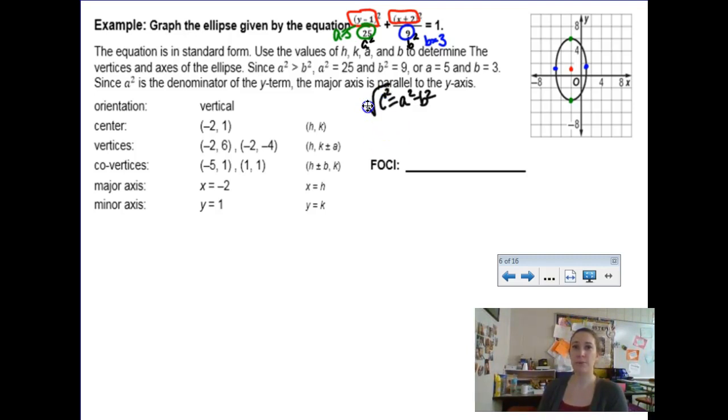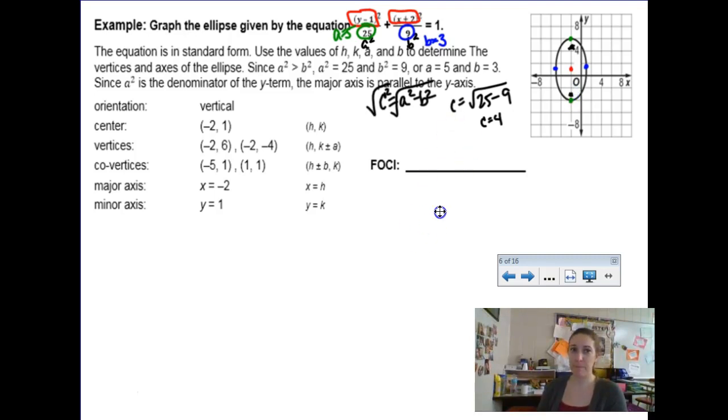So if we square root that equation to find c, 25 minus 9, so the square root of 16, which is 4. So on the major axis, if we go up and down 4 units, going up 4 units would be up here at 5. Down here, 4 units.